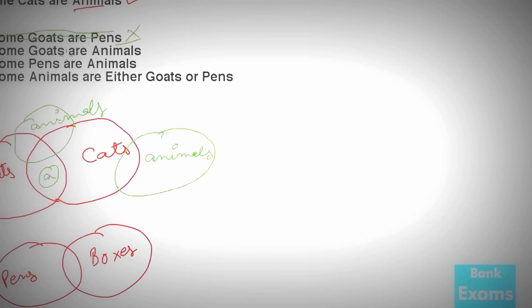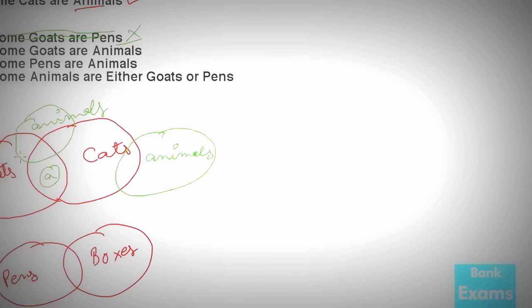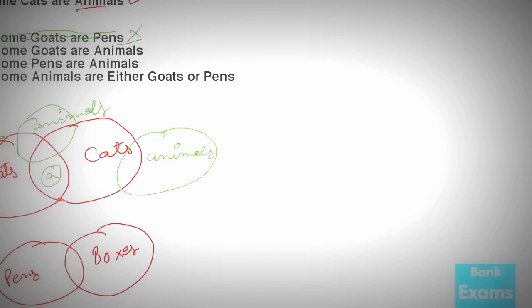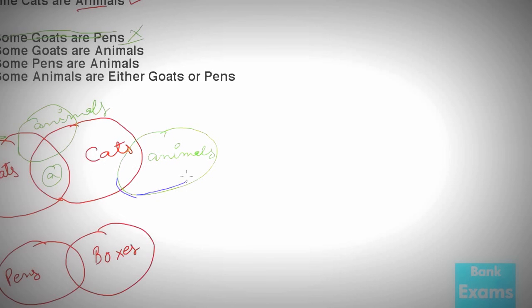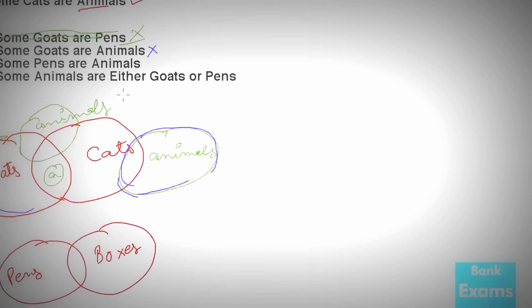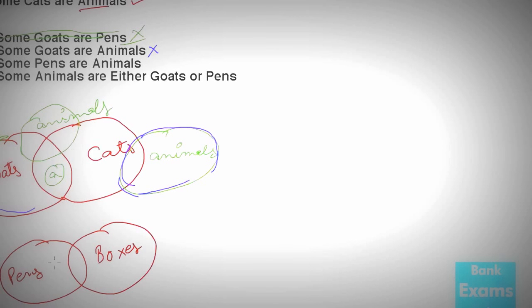Got it. Some goats are animals. If we look at these two circles, the goat circle and this animal circle, then we will find that this conclusion is following. But give a look to this circle. If this is the situation, here are animals and here are goats, then the conclusion doesn't follow. Some pens are animals.